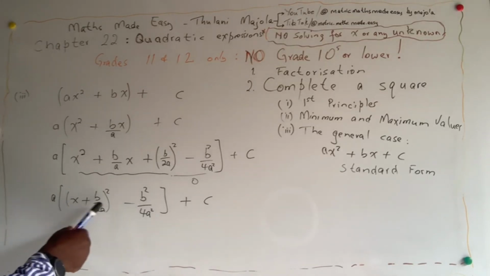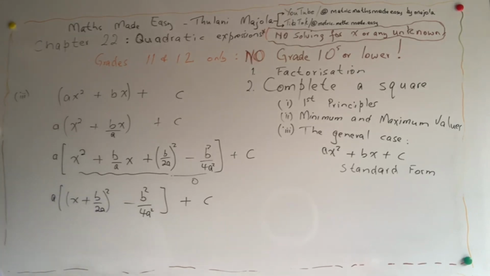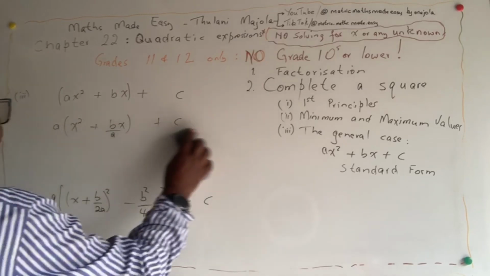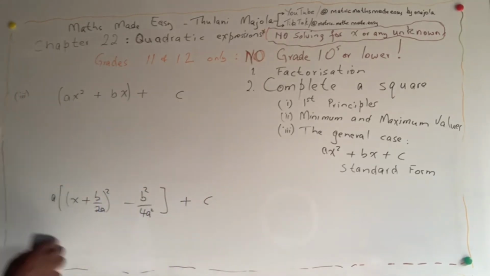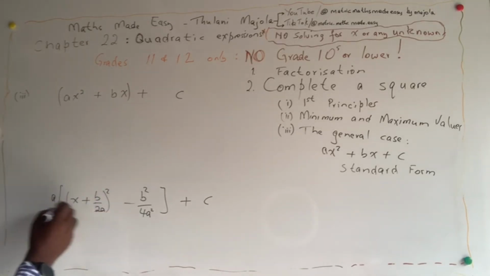Now we need to take out these big brackets. So we multiply through by a.